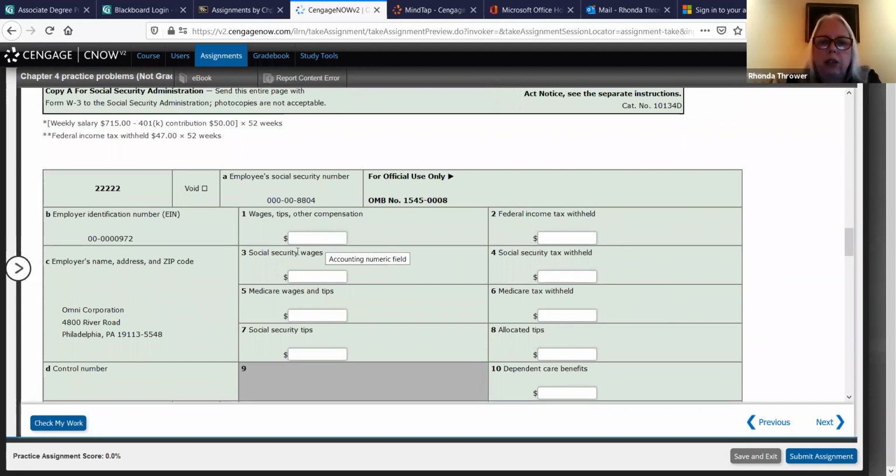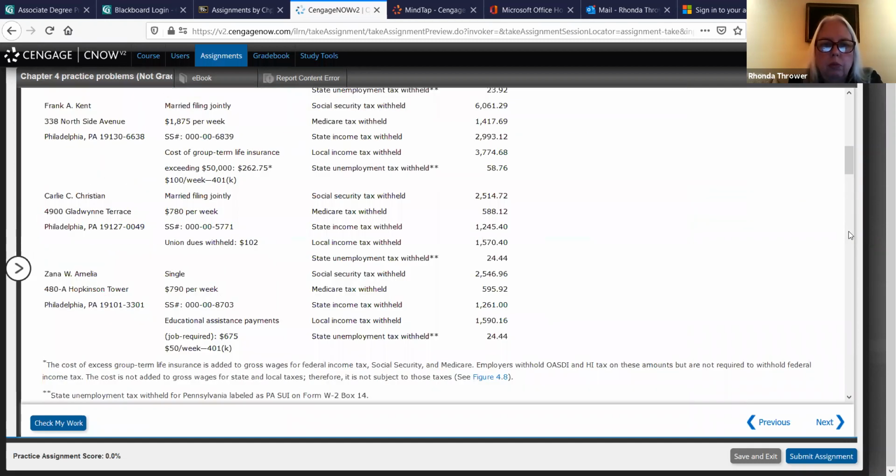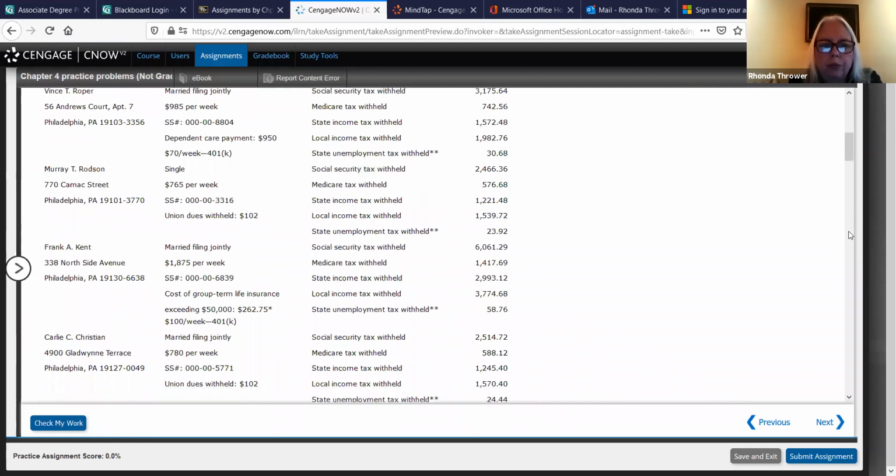So first of all, we need to know how to calculate the wages, tips, and other compensation that goes in box number 1, which are your wages that are subject to the federal income tax. So I'm going to go back to my information here, and we're working on Vince Roper. He's paid $985 per week. So $985 is his gross pay per week.